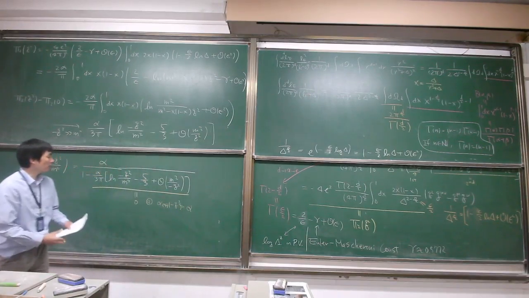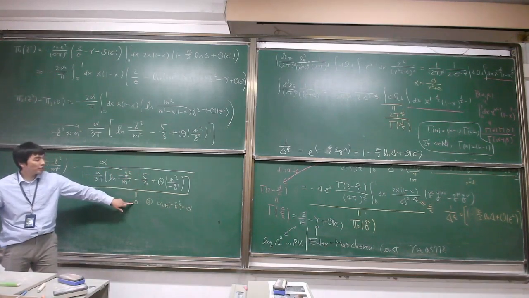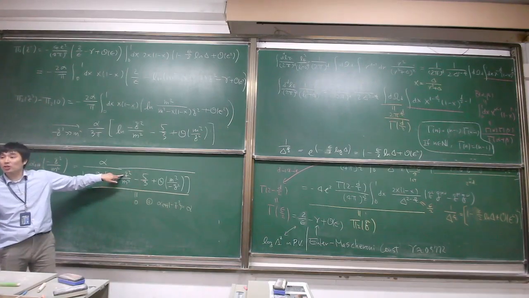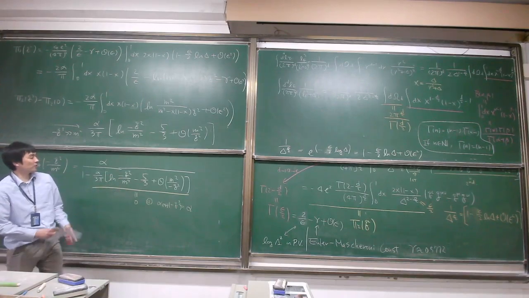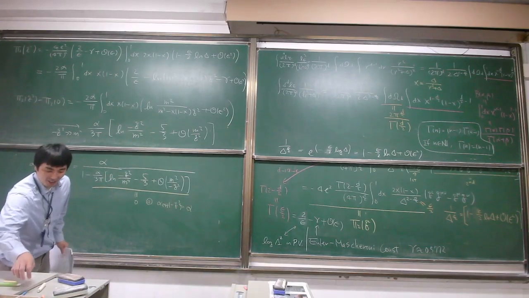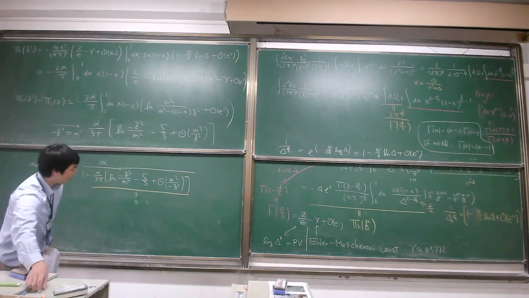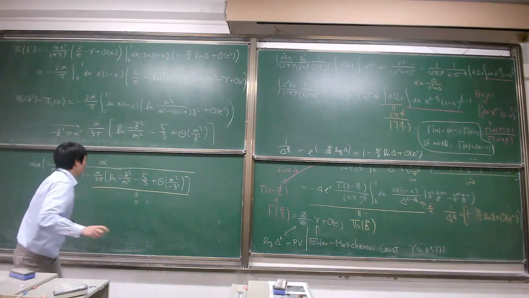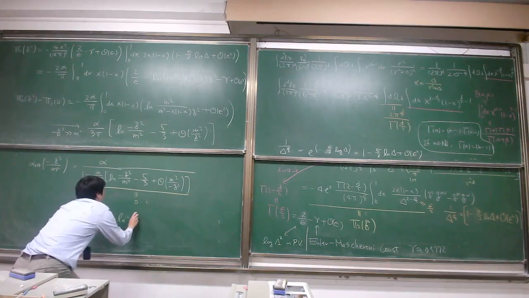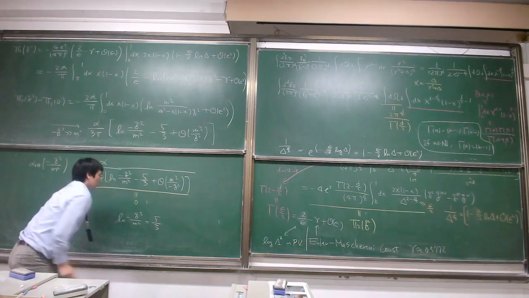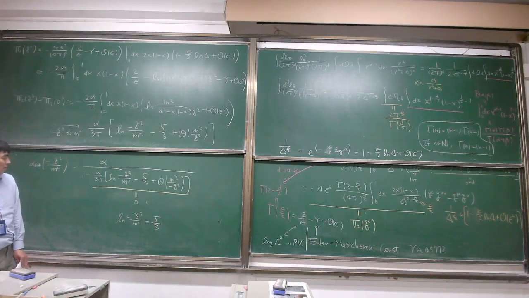If you solve this equation, you can see what the value of q squared is. It means that log of minus q squared over m squared is equal to 5/3.